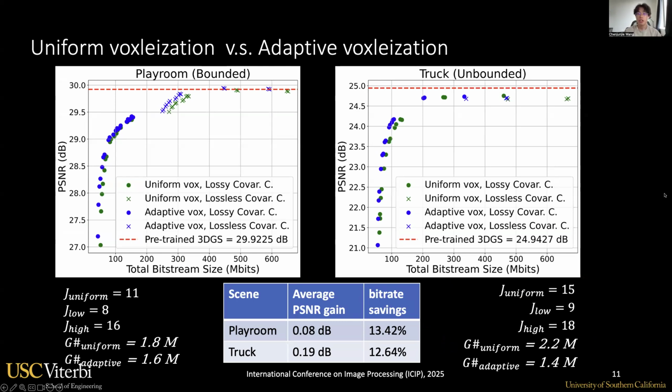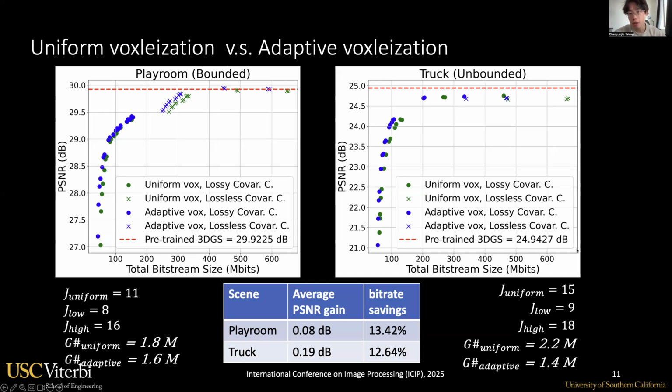We compare the RD curve of uniform and adaptive methods in terms of compression performance. We use different partition depths to ensure the number of Gaussians for both methods is comparable. After voxelization, we apply the proposed retraining with initialization to fine-tune the remaining parameters. According to the plot, different colors are different voxelization methods, and different marks are different covariance compression modes.